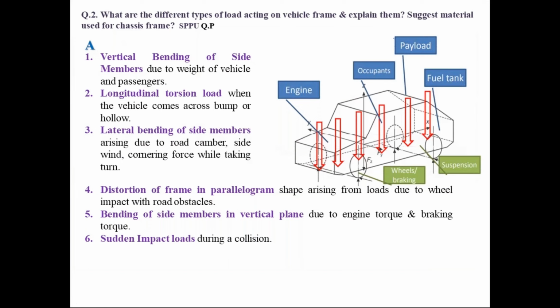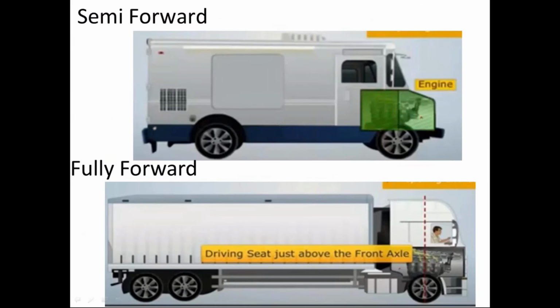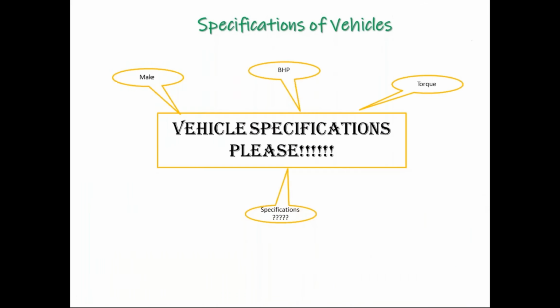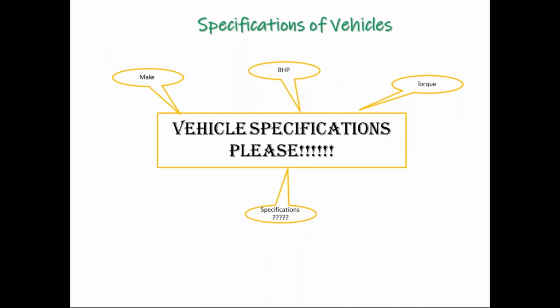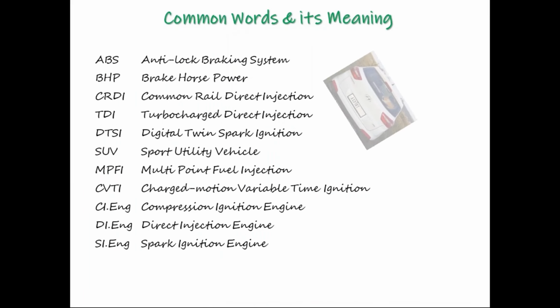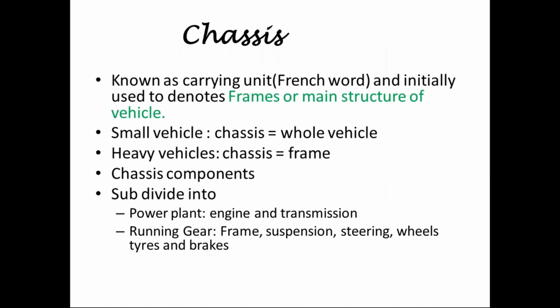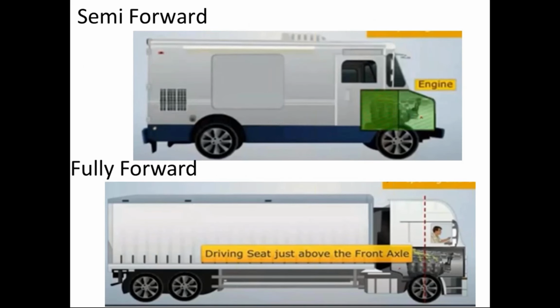So I think instead of moving towards another types of loads acting on factors, we will continue in our next lecture. So just to summarize today's lecture, we have discussed starting with the basic layout of an automobile, classification, different components, what are the different specifications, how the different words or names are used, then the different chassis frames and the automobile classifications.